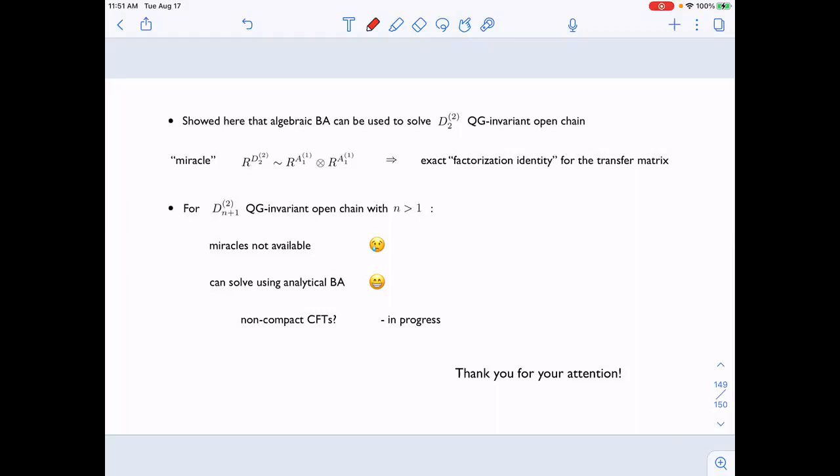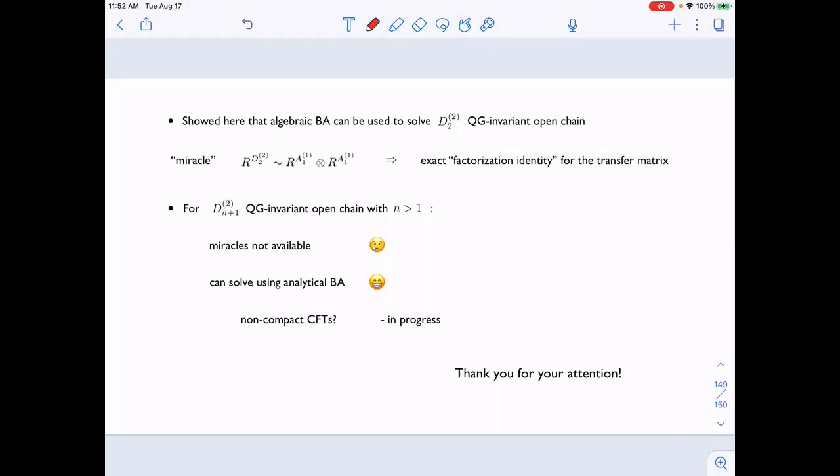I didn't quite catch the question. Well, we know that we can take a solution of the Bethe ansatz and shift all the spectral parameters by I pi and get another solution of the Bethe ansatz with the same eigenvalue.